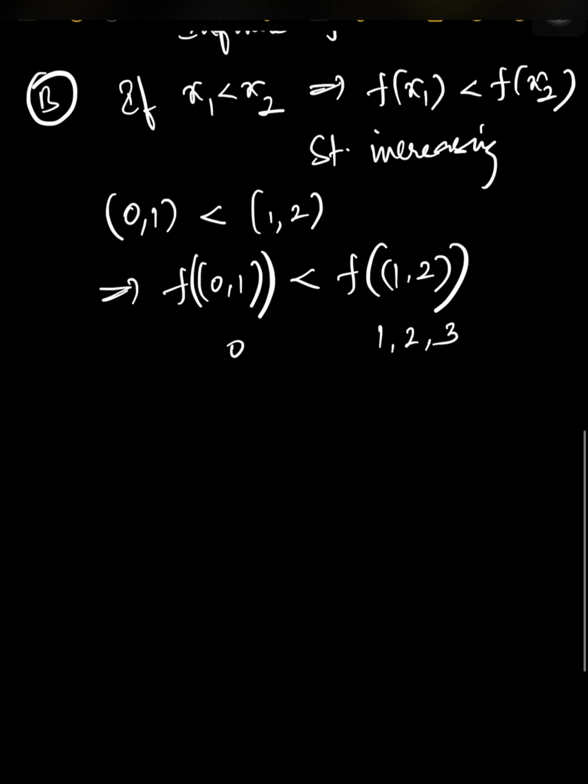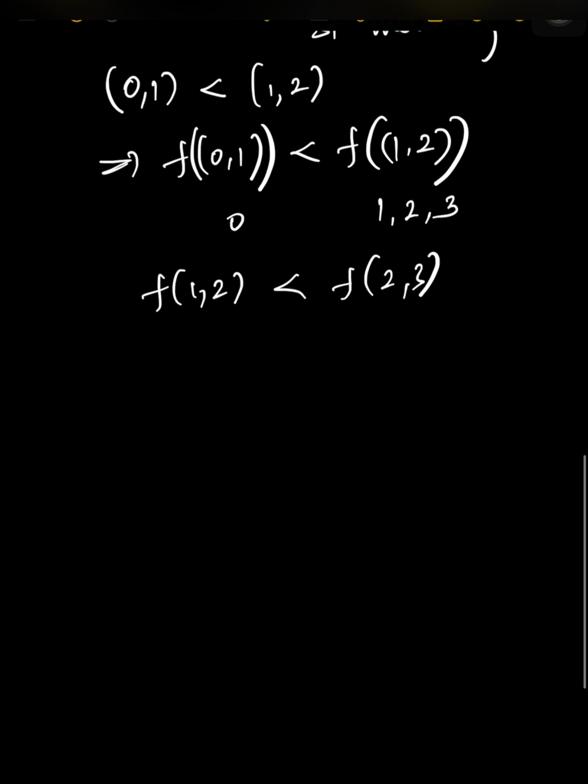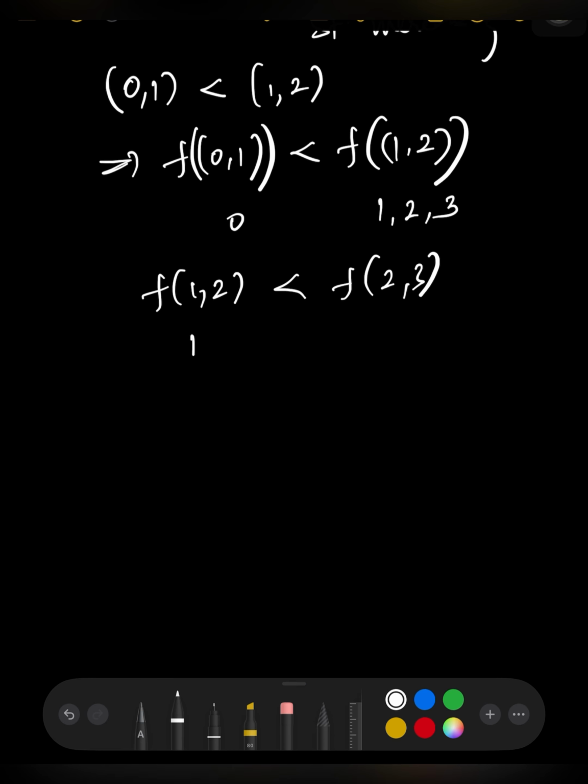And the function value on 1 to 2 is less than the function value on 3 to 4. If the function value on 1 to 2 is 1, then the function value on 3 to 4 is either 2 or 3, then only the function is strictly increasing.